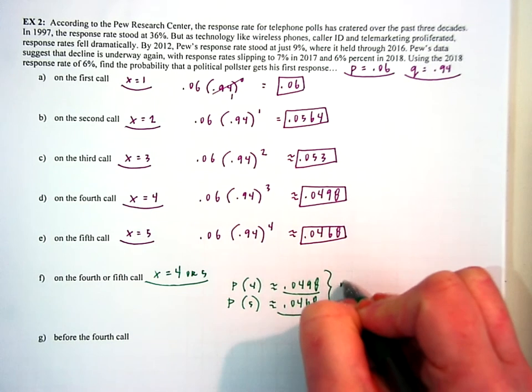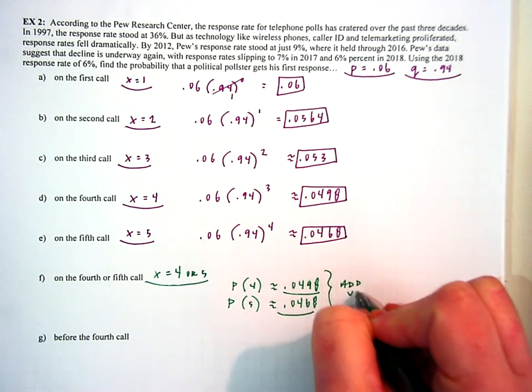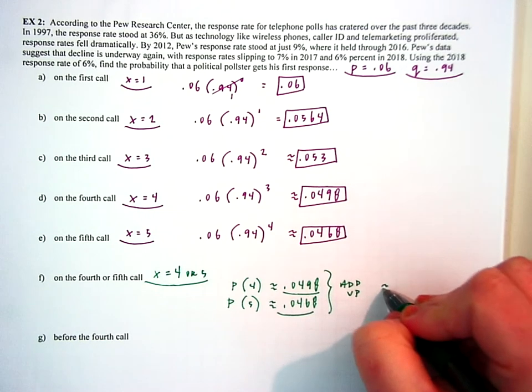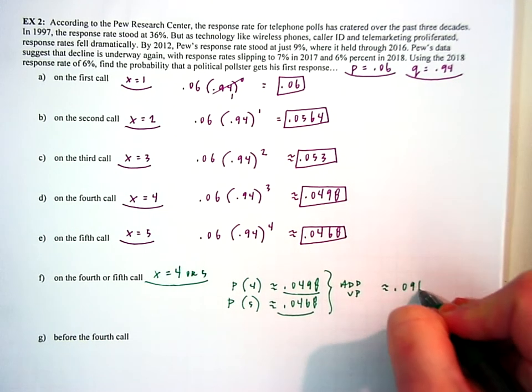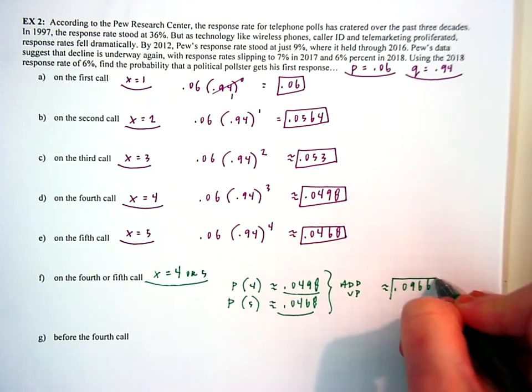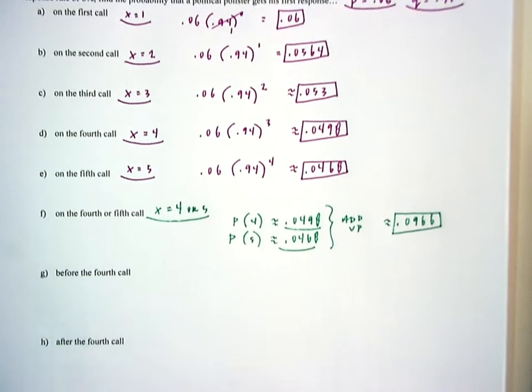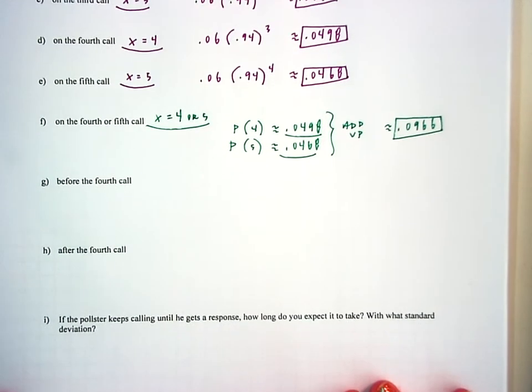So here we have to add these up. When I add those up, I get about 0.0966. Let me slide that up just a little bit to here.